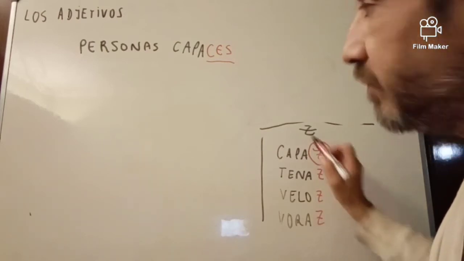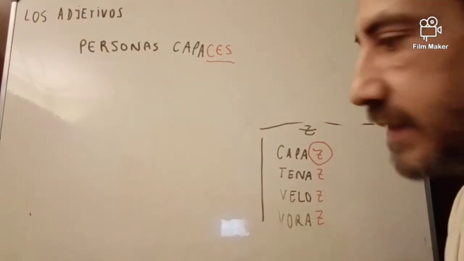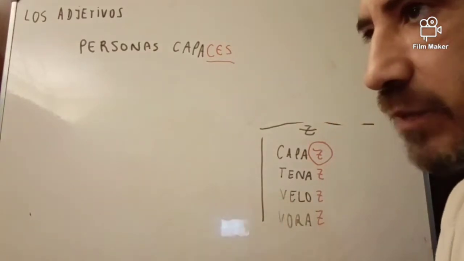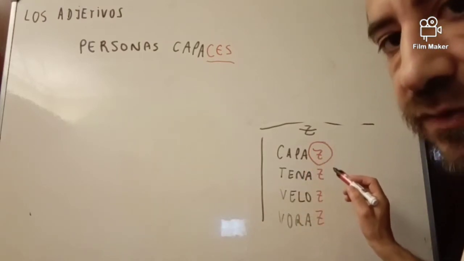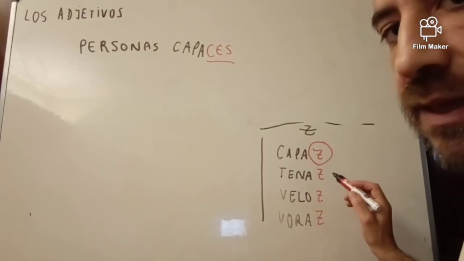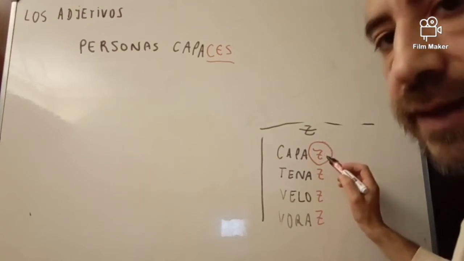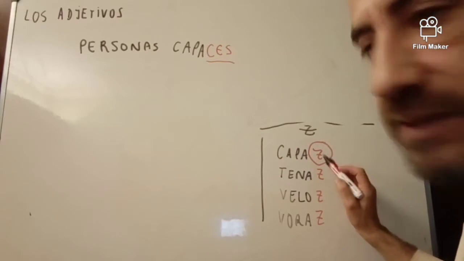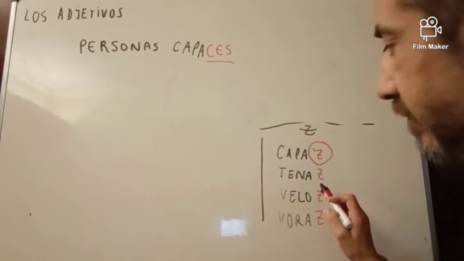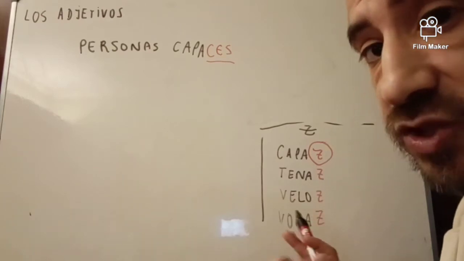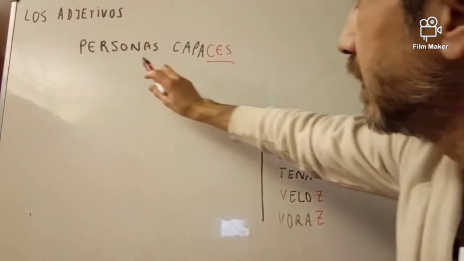I really don't know why, because in pronunciation they are the same, both in Latin America and in Spain. Here we say capaz, tenaz, veloz, voraz, capaces, tenaces, veloces, voraces. In Spain, capaz, capaces, tenaz, tenaces. So pronunciation doesn't change, but we have to write it in a different way.